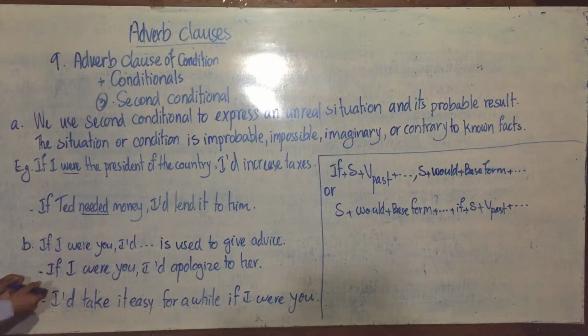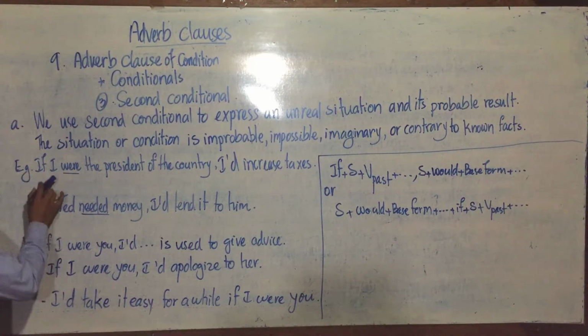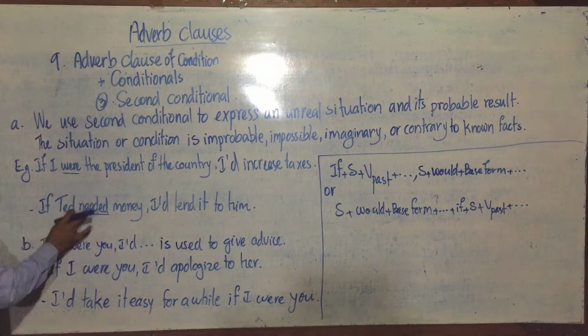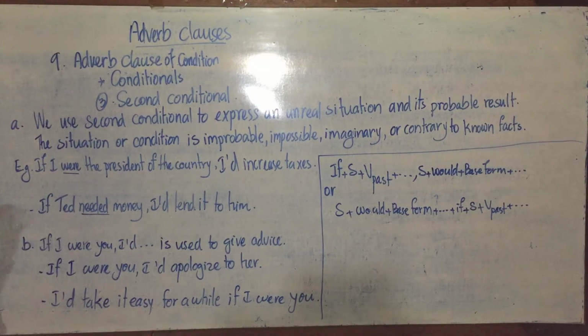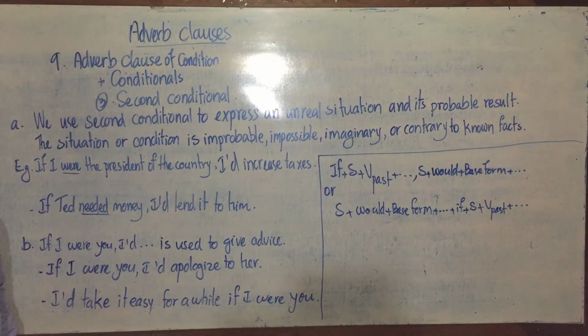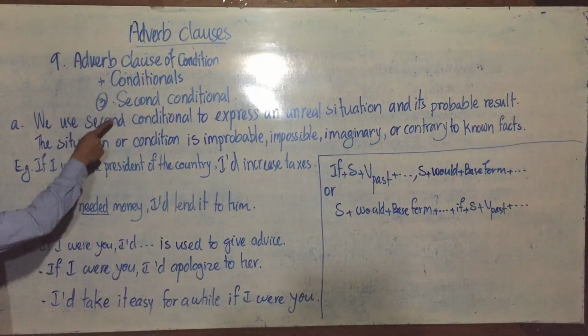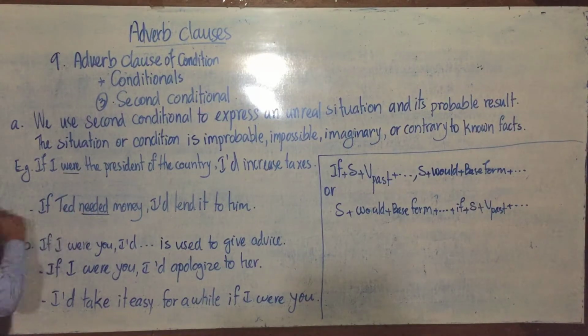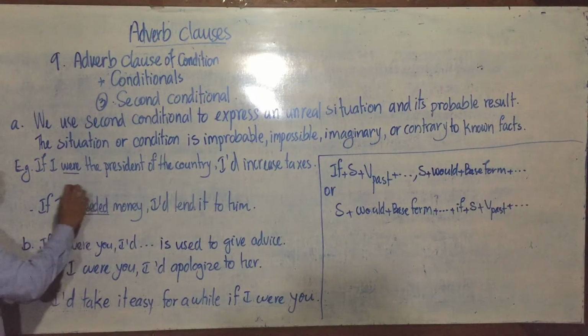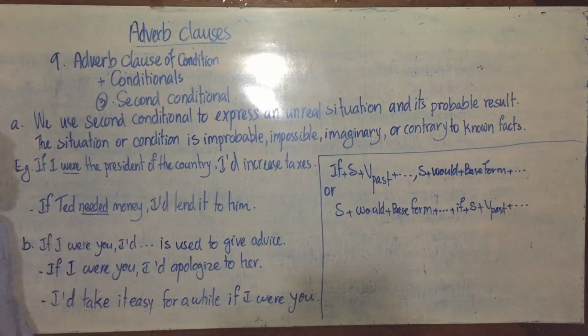Let me tell you something about this one. When you see in the subordinate clause a verb in the past like this, it does not mean that this conditional refers to the past activity. It does not refer to the past. The second conditional, even though it is used with a verb in the past like this, refers to the present and the future.